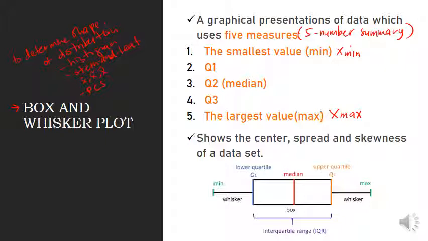So what you need to do is you need to draw a box and whisker plot based on the 5 number summary. So your box should consist of Q1, Q2, and Q3, and then you ada X max, X minimum dekat hujung tu.